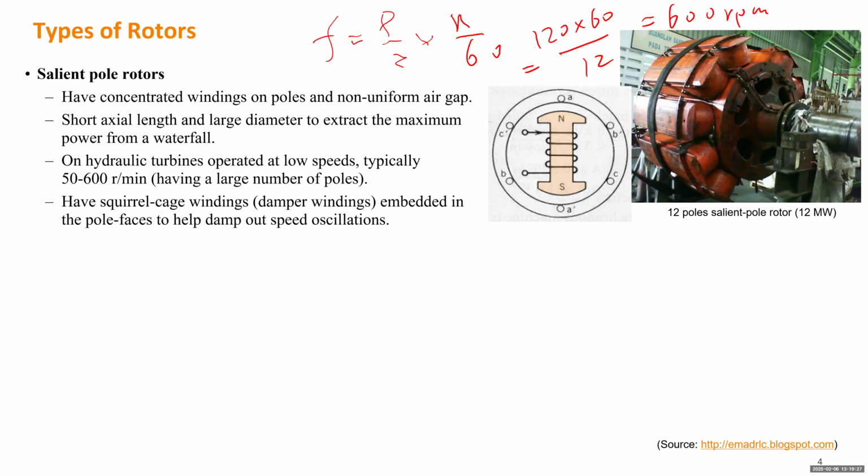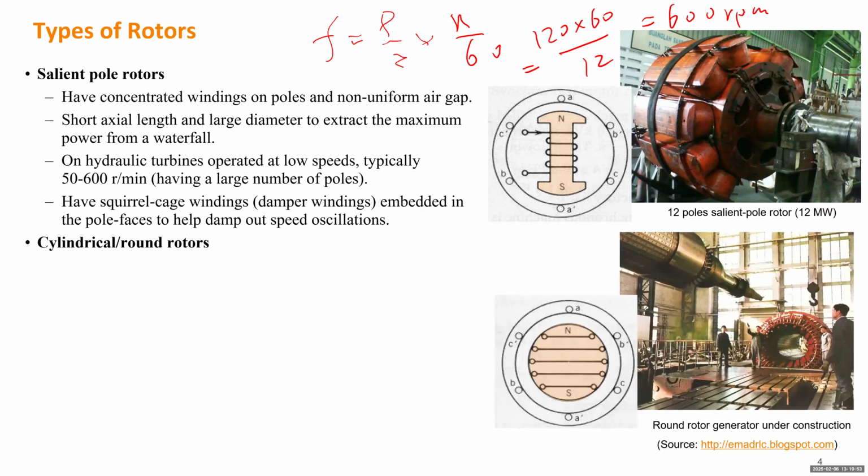If it's shaking, there will be a current induced inside the squirrel cage windings, and because it's made of a highly resistive material, it will generate some heat. That heat converts oscillatory energy into heat, which can help damp the oscillation.